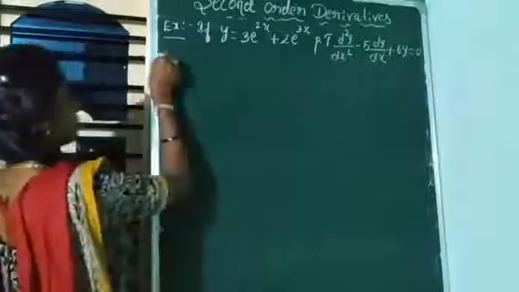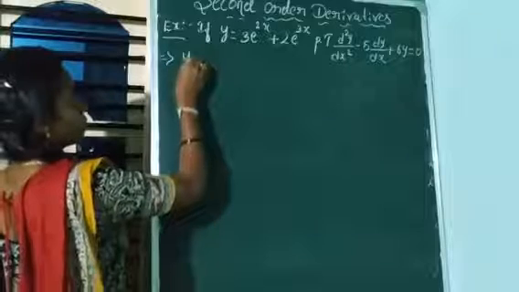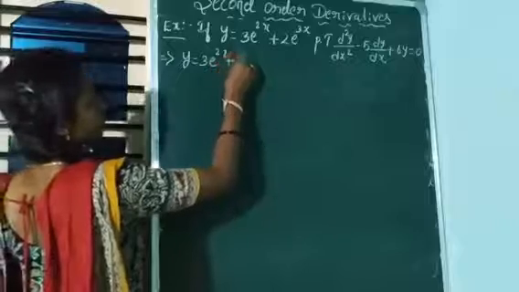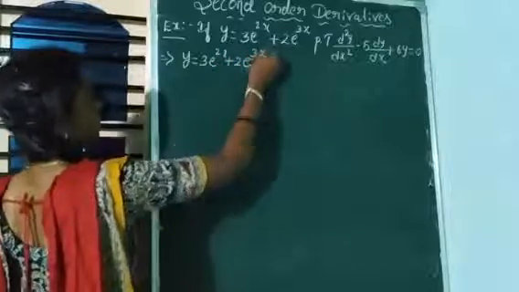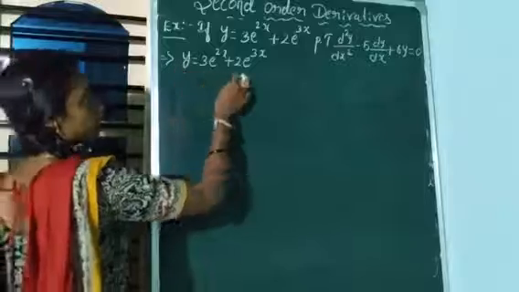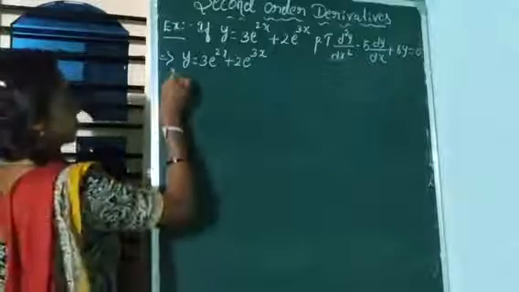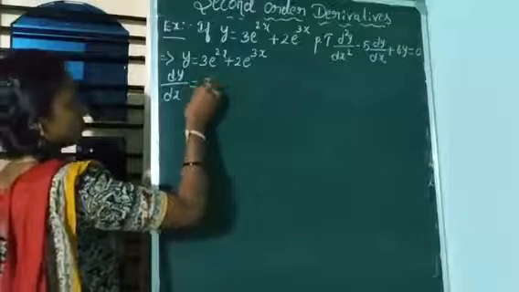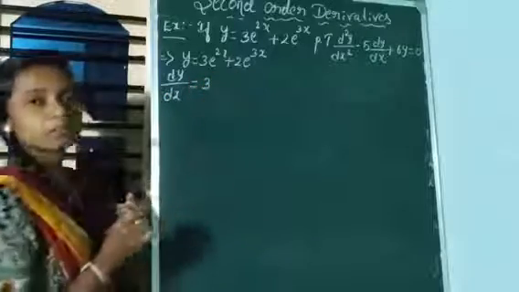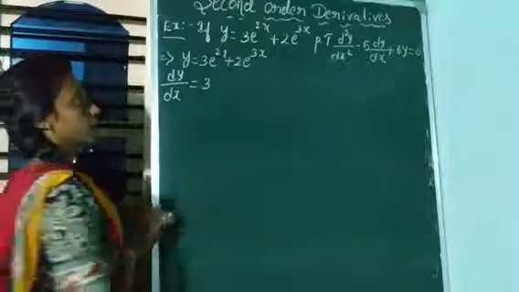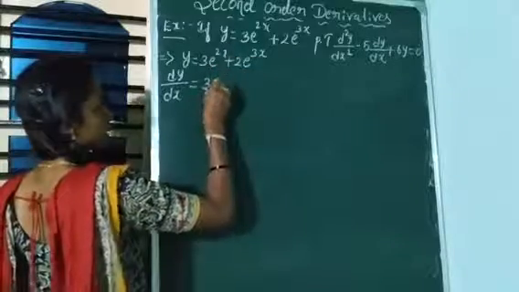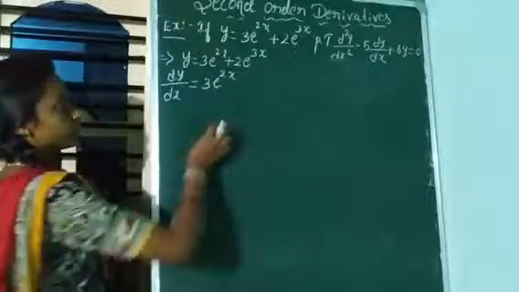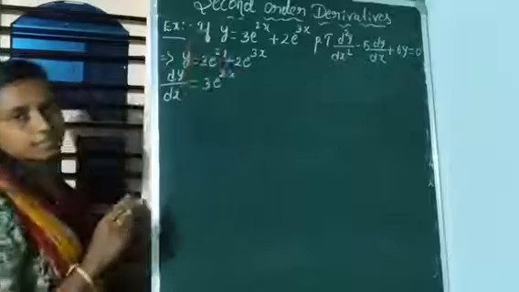Here y is equal to 3 times e power 2x plus 2 times e power 3x. Differentiate this with respect to x, that is dy by dx is equal to 3 into, as I said, the exponential derivative is whatever the exponential is, you just write it as it is, e power 2x. Next, you need to differentiate the power of this e.